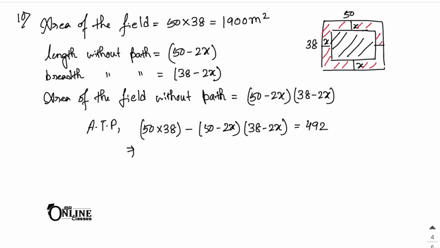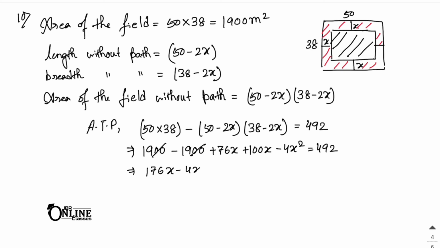So now here 50 into 38 equals 1900. After that minus 1900, then that one will be plus 76x, after that plus 100x, and then minus 4x squared, equals 492. 1900 cancels out, it's 176x minus 4x squared equals 492. If you divide it by 4, then it becomes 44x minus x square equals 123.